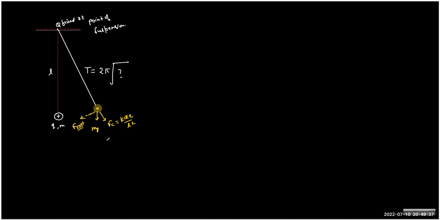Do you realize, guys, what the restoring force is? The restoring force is still the same, mg sin theta, which simply means the presence of charge will not affect the restoring force. So my time period will be the same. I hope this makes some sense.